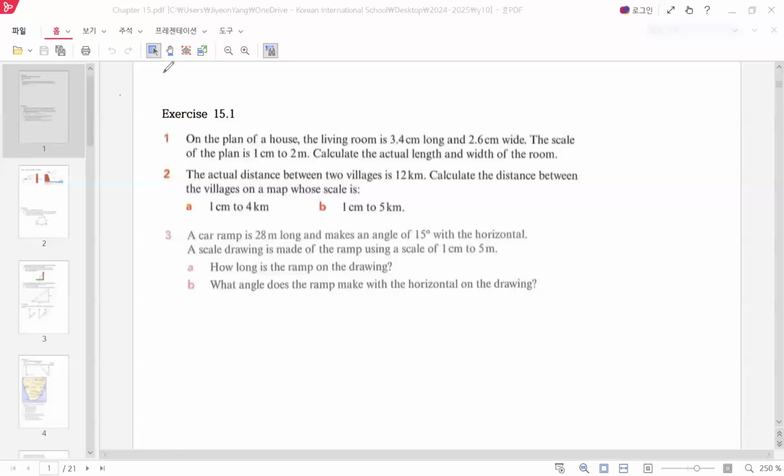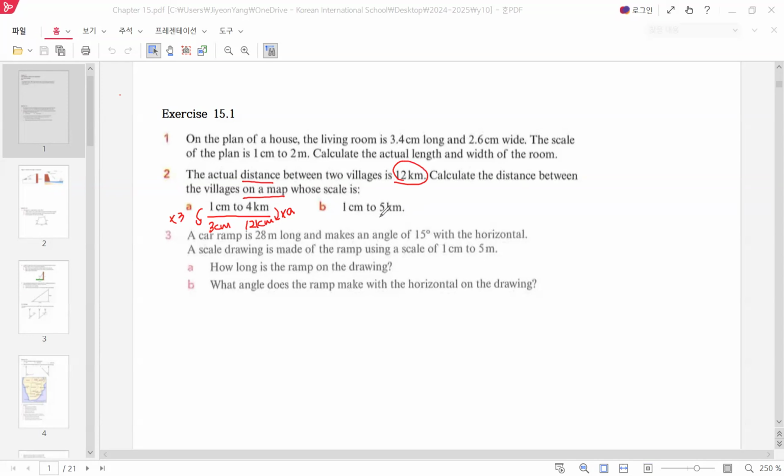Exercise 15.1. The actual distance between two villages is 12 kilometers. Calculate the distance between the villages on a map. The scale is 1 centimeter to 4 kilometers. For 12 kilometers, you need to find the multiplier, which is 3 in this case, very obvious. So 3 centimeters represent 12 kilometers on this map.